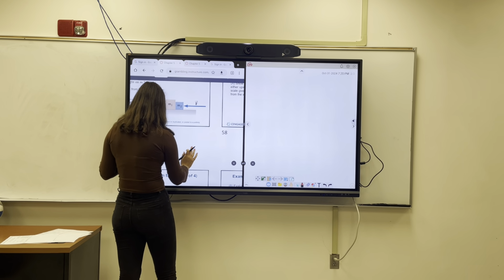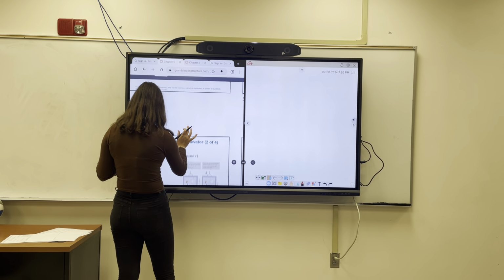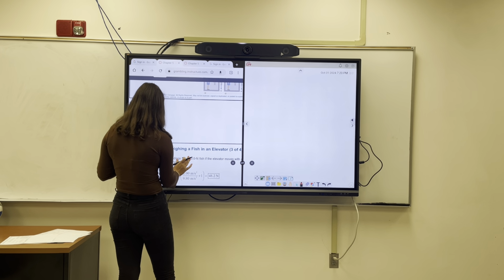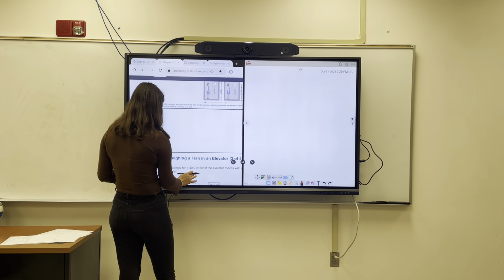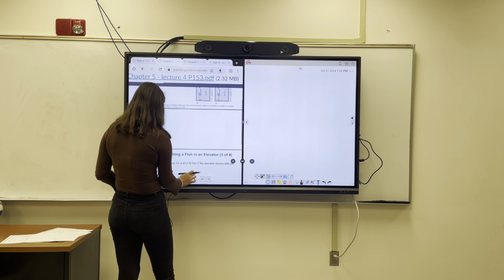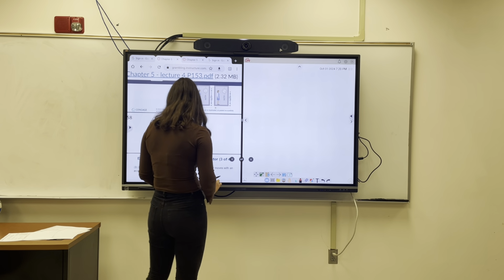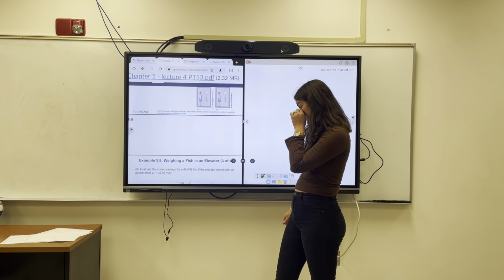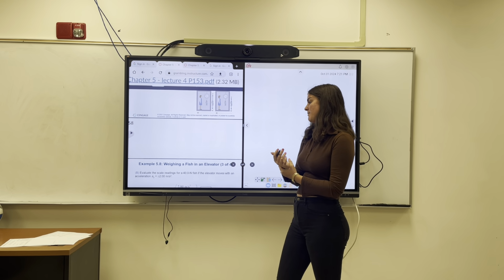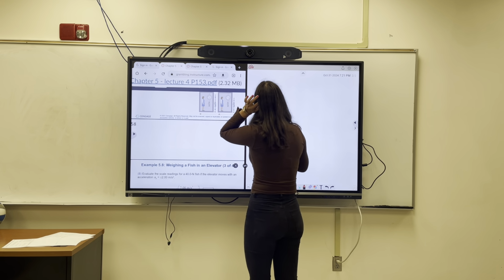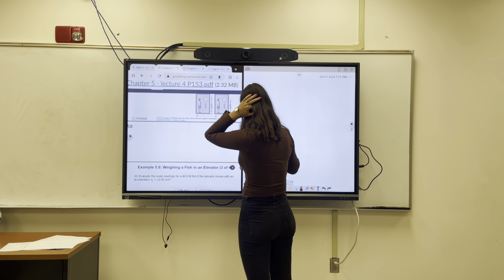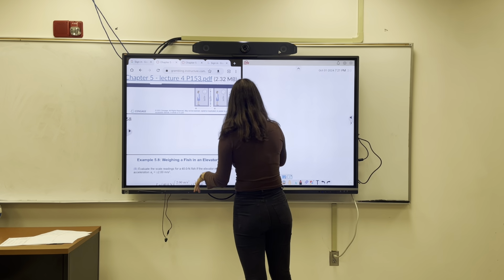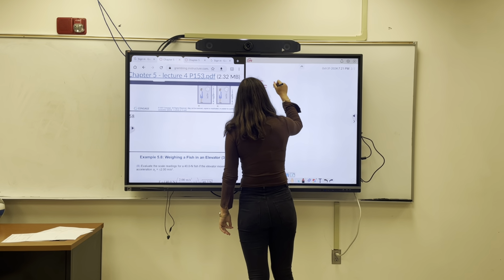So for part B, here we go. I don't want you to see the whole answer. Here is part B. Evaluate the scale reading for a 40 newton fish if the elevator moves with an acceleration ay of plus or minus 2 meters per second squared.